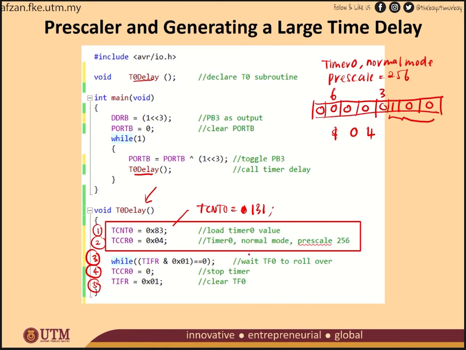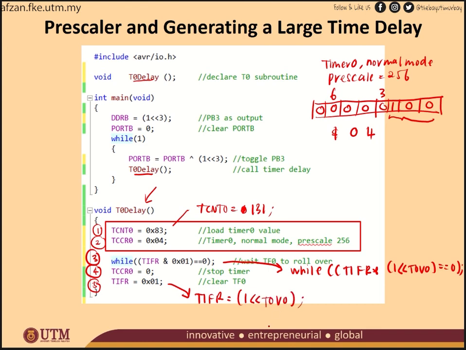Alright, so in this case here, you can rewrite this one something like this: y TIFR, and with put 1 to your TOV0, is it sama dengan kosong, and this one you can replace with TIFR equal to put 1 to your TOV0.